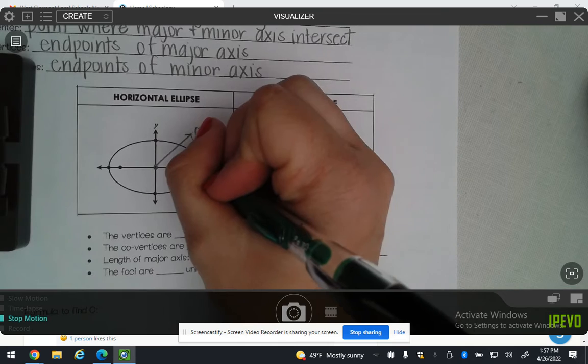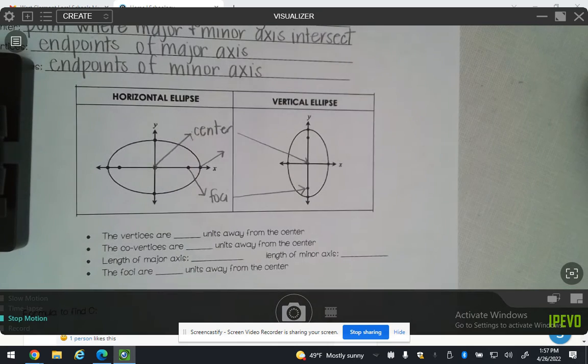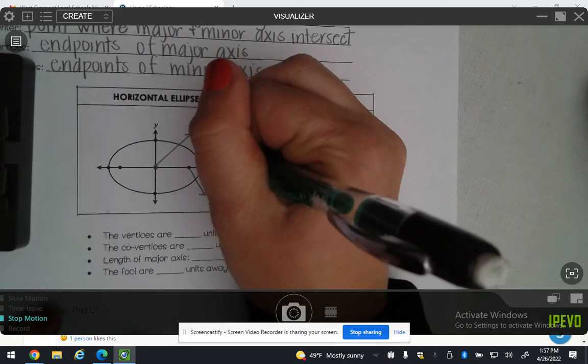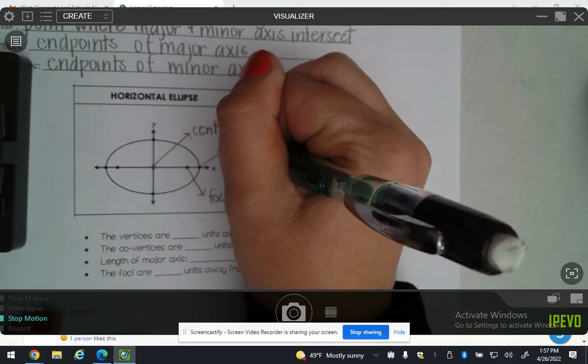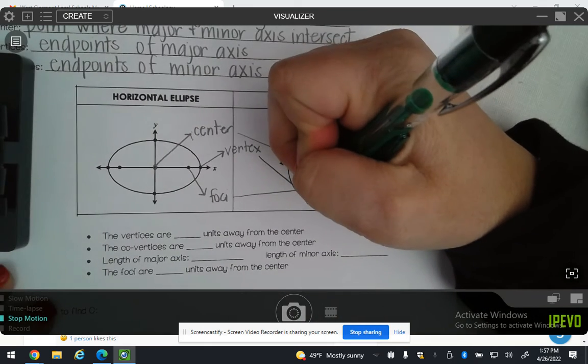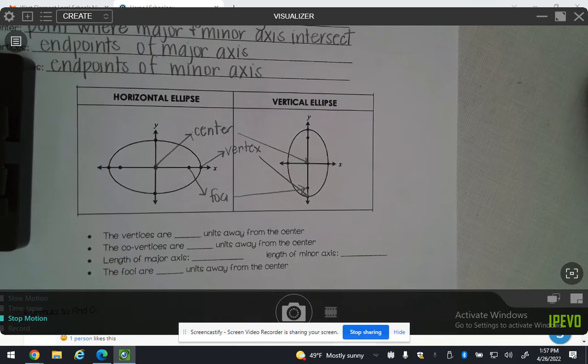Okay. What about this one? Which one though? There's two sets. Well, we call this a vertex. Vertices is multiple. We call this a vertex. Which also happens right there, correct? You guys follow my arrows?